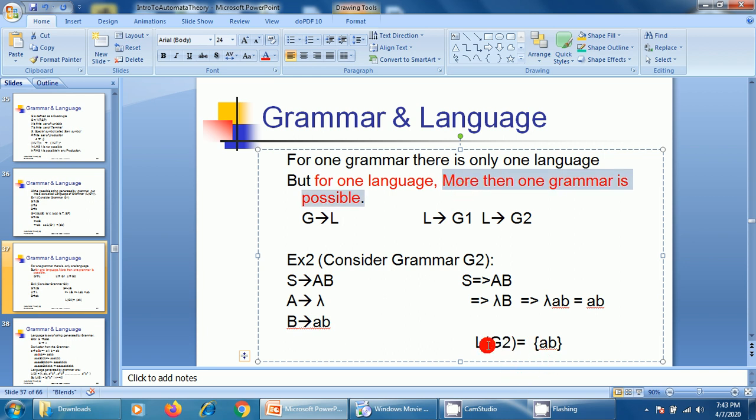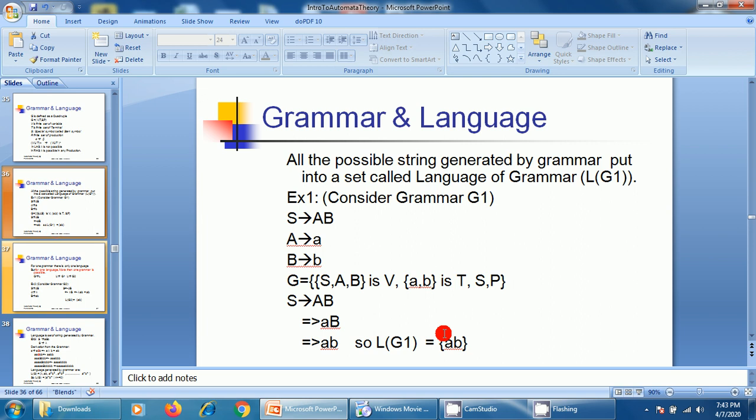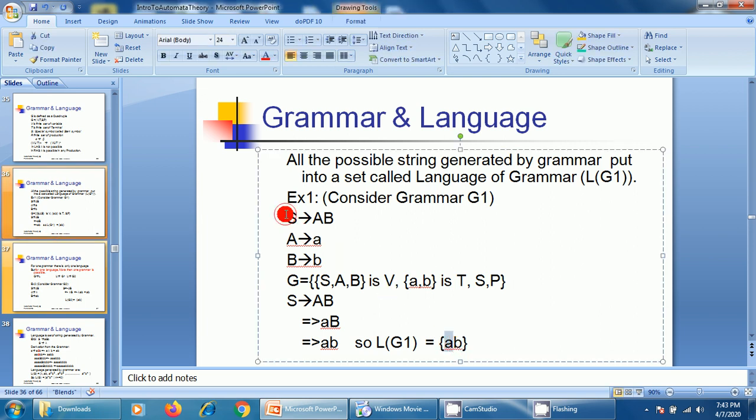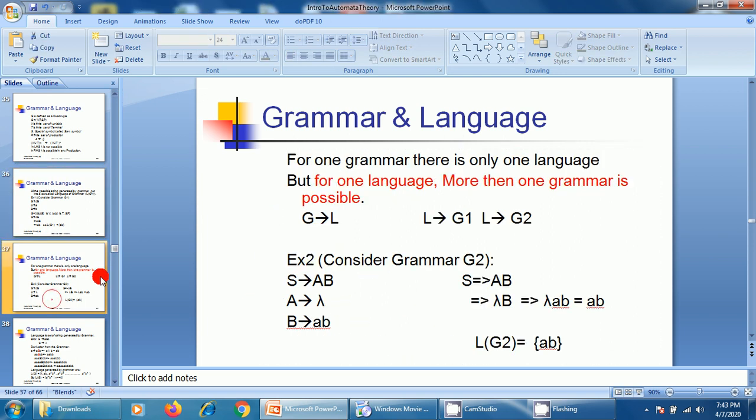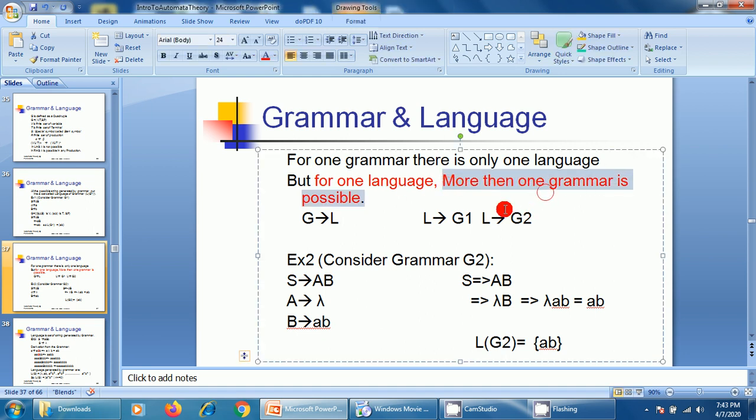See, this is the language of this grammar, and the same language is generated by this different grammar.